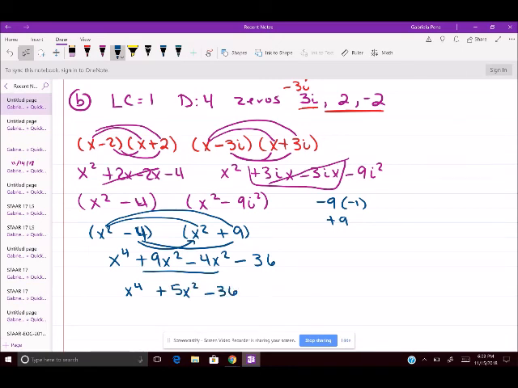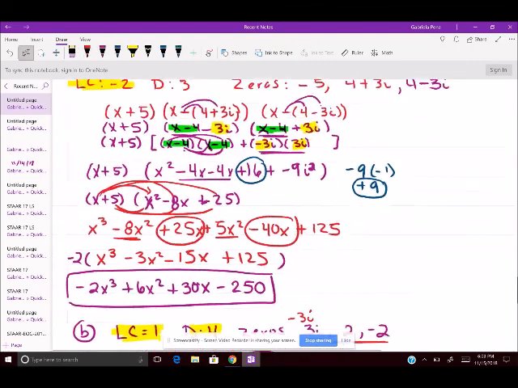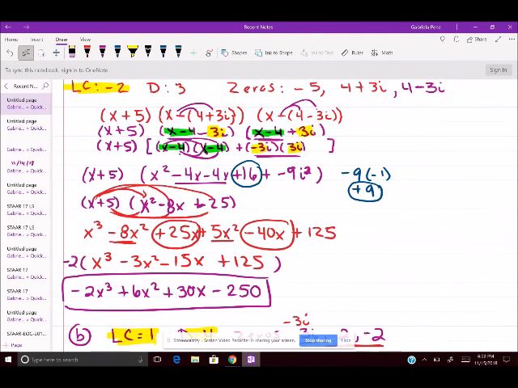I look at this, my degree is 4. I need my leading coefficient of 1. So when I put a 1 there, it doesn't make a difference. So then this is my final answer. So this is for problems 8 and 9. See them once, see them twice, especially the first one because it's a lot more work, but it's not that bad. So please, please be careful.